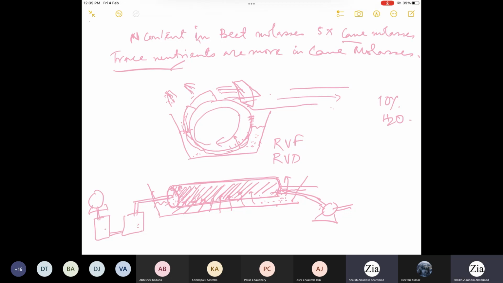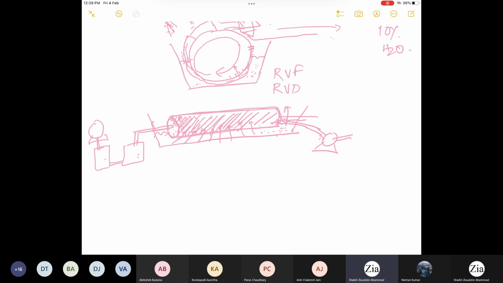Now you also have another option. Instead of a rotating vacuum filter, you can use a centrifuge. Different types of centrifuges are available.